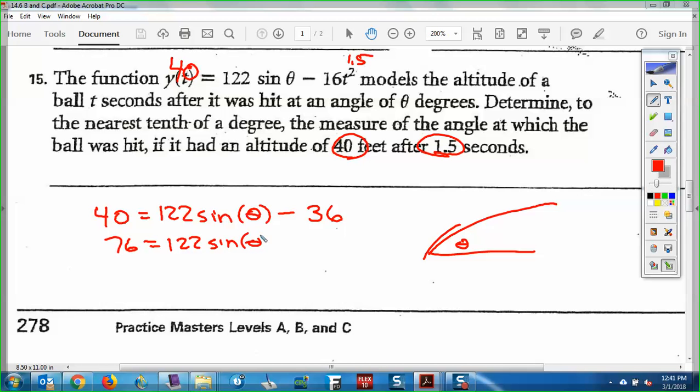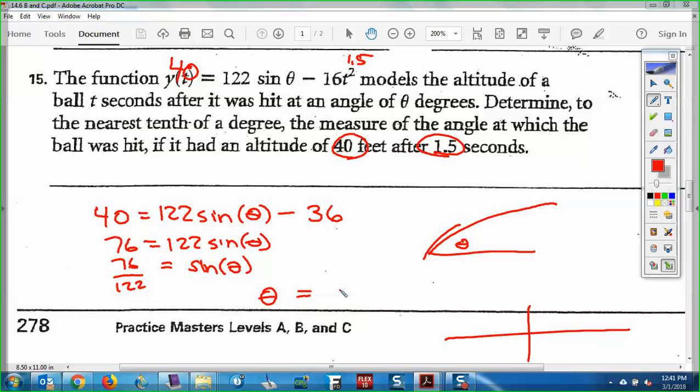And then divide by 122, and then we're going to do an inverse sine. So 76 divided by 122, and then an inverse sine. What do we get?